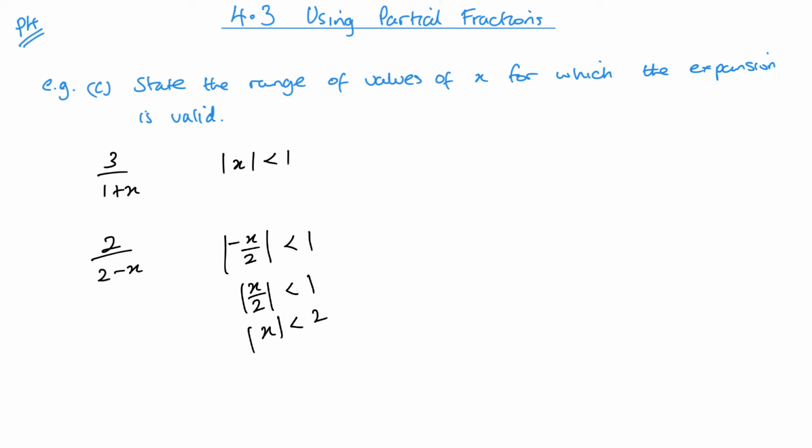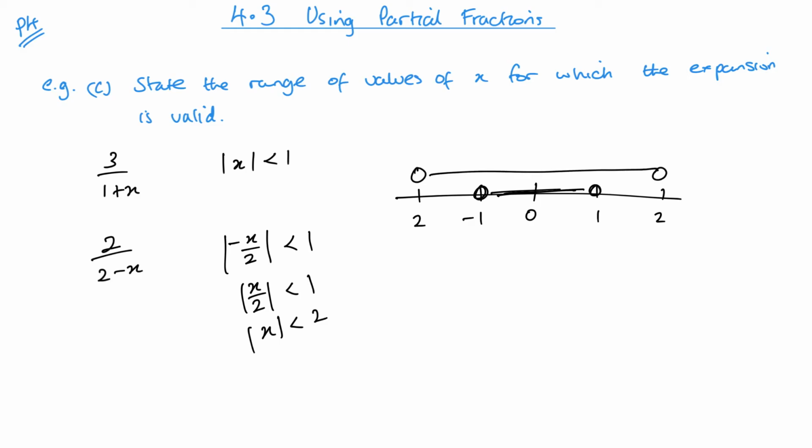And what I need to do is just think about them. It's kind of obvious in this case, but if you think about it visually, my first one is between 1 and minus 1. My second one is between 2 and minus 2. And quite clearly, what works for both of them is between 1 and minus 1.